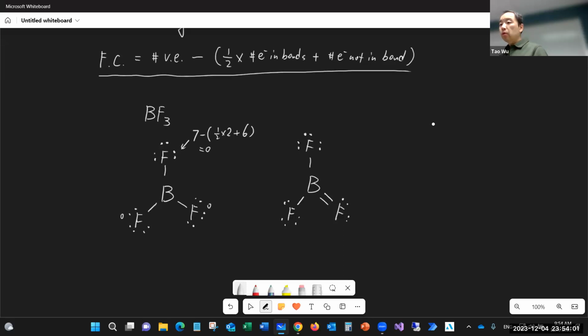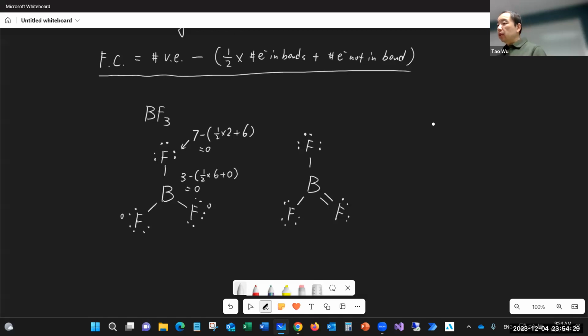And if you're looking at the boron over here, boron only has 3 valence electrons, minus 1/2 times the number of electrons in bonds. It has 3 single bonds, which is 6 electrons, so you times 1/2 of 6. There are no dots shown over here, which is 0. And then 3 minus 3, you get 0. So the formal charge for each of the atoms over here is 0.